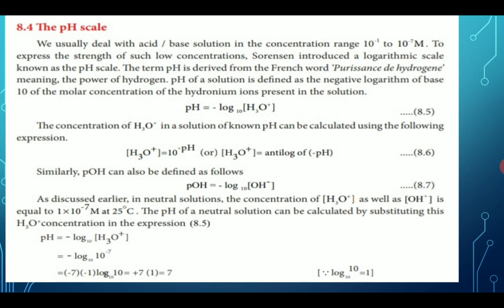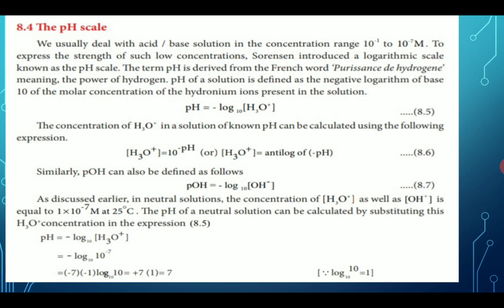Similarly, the hydroxyl ion concentration, that is pOH, can also be defined as follows. pOH is equal to minus log to the base 10 of the hydroxyl ion concentration, OH minus ion concentration. As we discussed earlier, in neutral solutions, the concentrations of hydronium ion as well as hydroxyl ion are equal to 1 into 10 power minus 7 M, usually at 25 degrees Celsius.